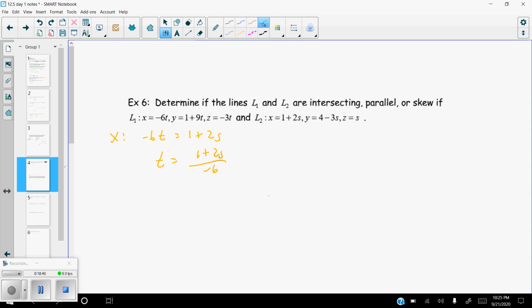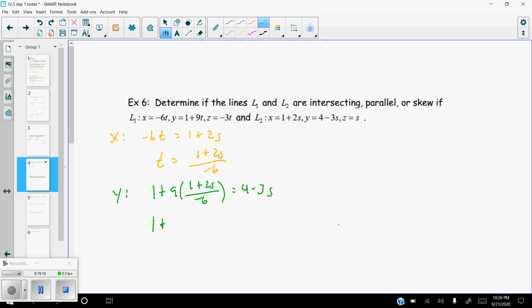So now we're going to go with y. And let's see. The y on the left-hand side is 1 plus 9t. So I'm going to do 1 plus 9 times (1 plus 2s) divided by negative 6. That better equal the y value on the other side, which is already in terms of s, so I don't need to change anything there: 4 minus 3s. These things have to simplify. So let's go ahead and check it out.